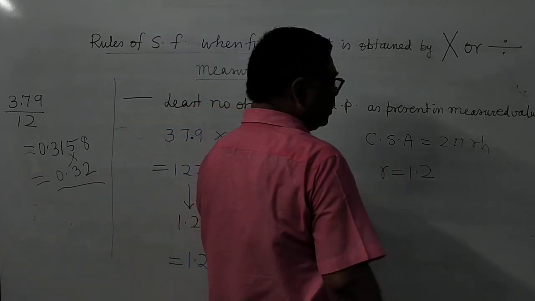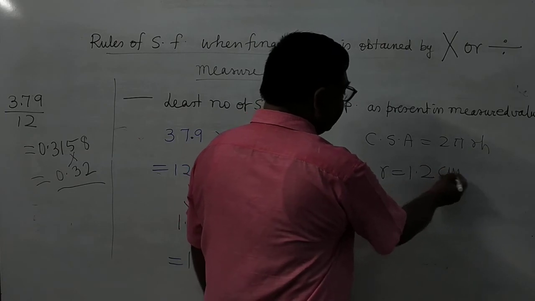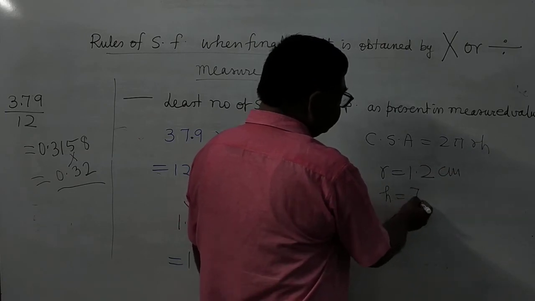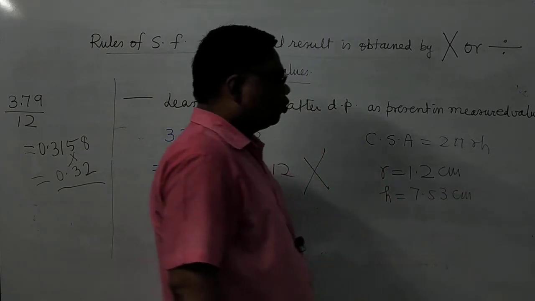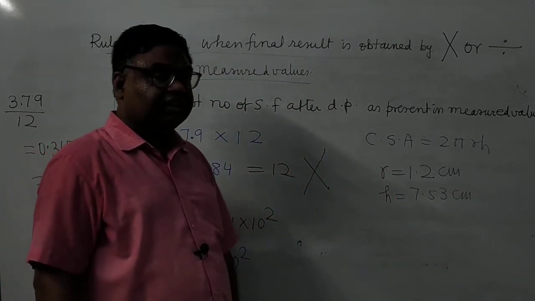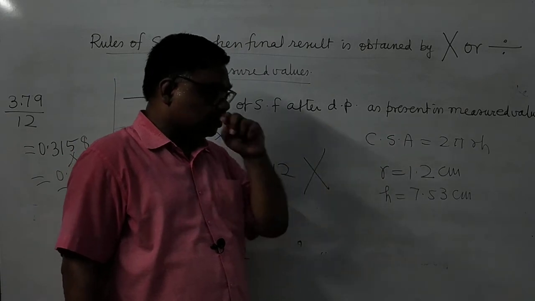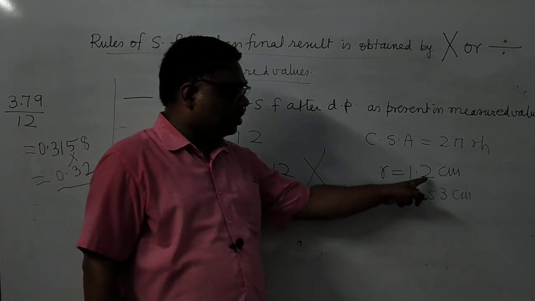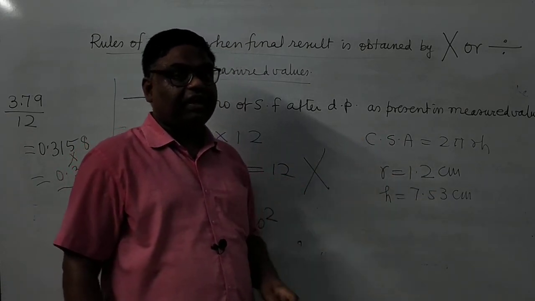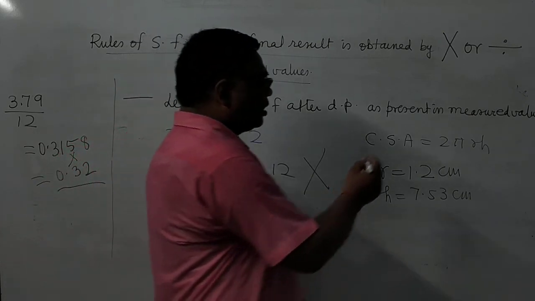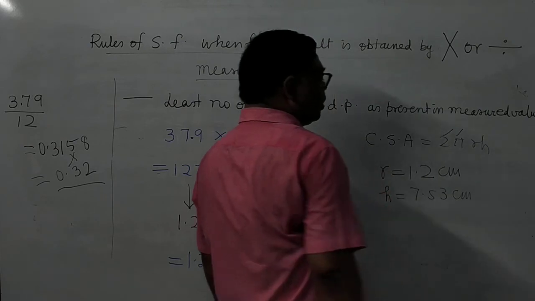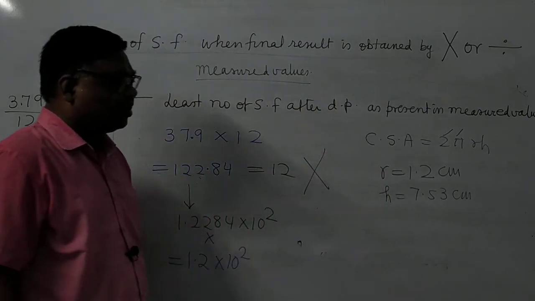Suppose R is given as 1.2 centimeter, and H is given as 7.53 centimeter. So how many significant figures will there be in the curved surface area? R has 2, H has 3. In the final result we will keep only 2 significant figures, because pure numbers do not contribute anything to the significant figures.